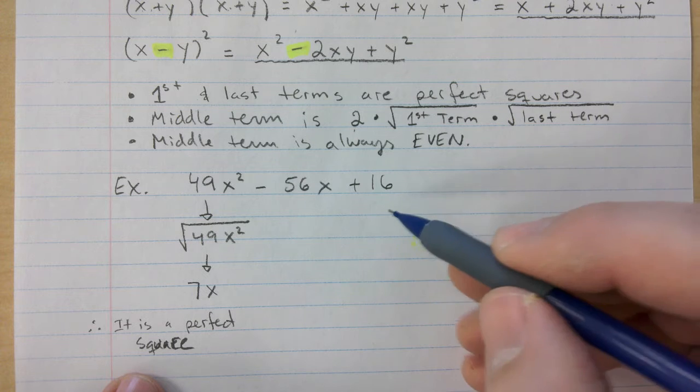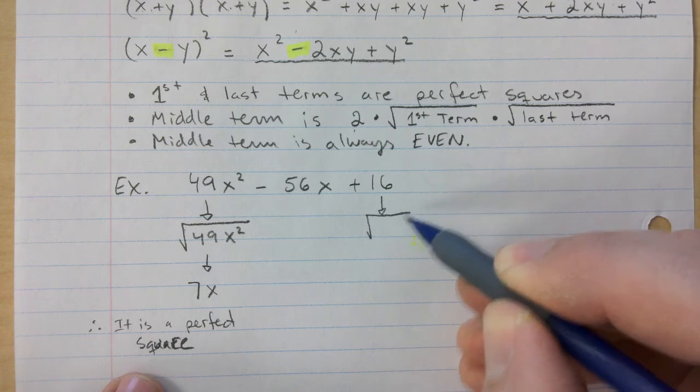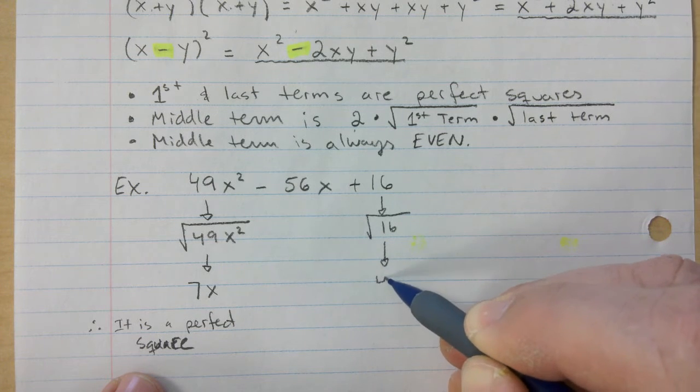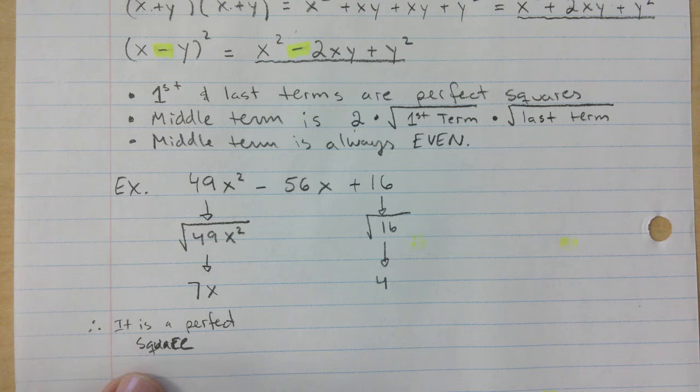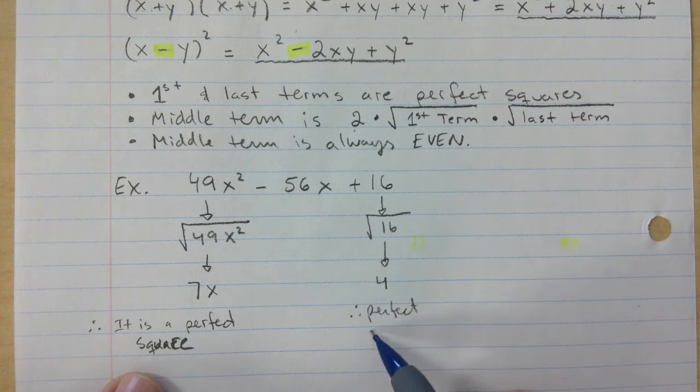Well, let's check the back term. The square root of 16 is 4. Also a perfect square.